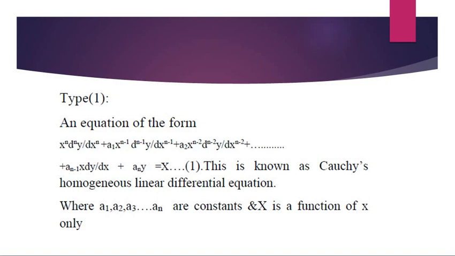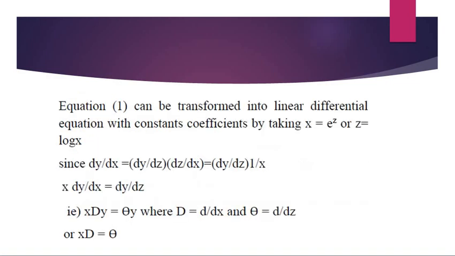This equation 1 is converted into a linear differential equation with constant coefficients by using a suitable substitution. Here we are taking x equal to e^z or z equal to log x, and therefore dz by dx is 1 by x.